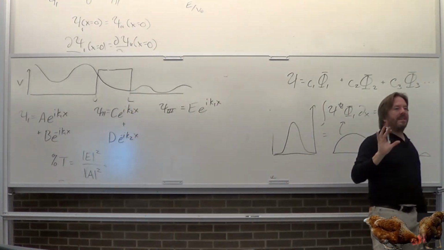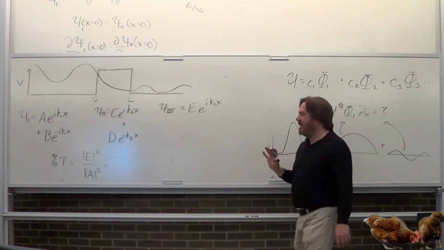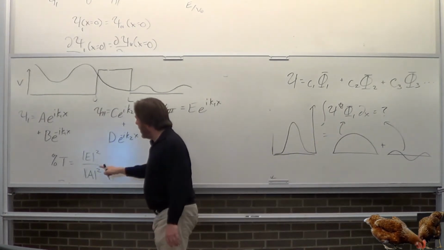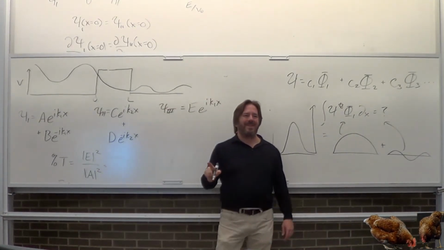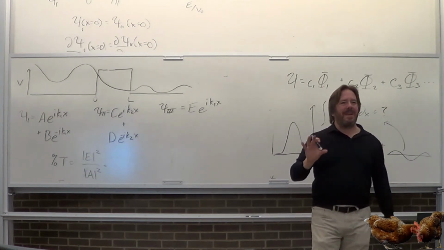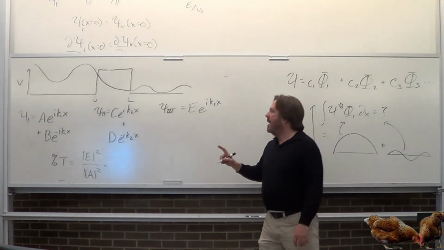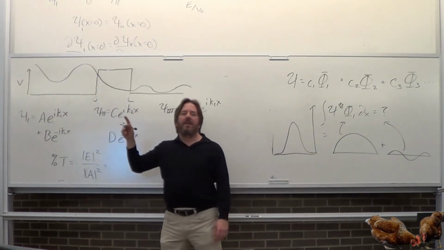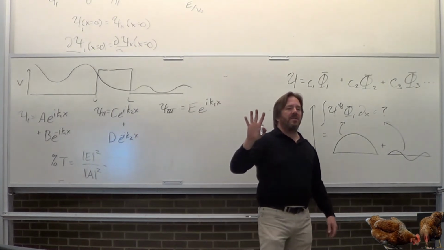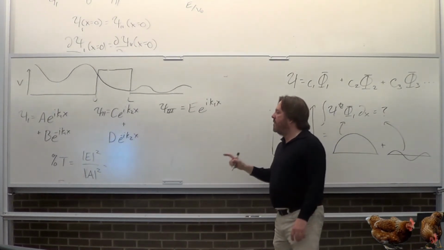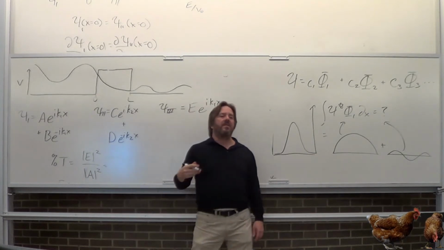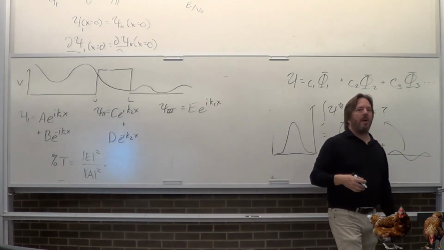It's not directly solvable. But notice that the only thing I could ever care about is a ratio of 2 unknowns. So what you can do is set up these 4 equations, again, smooth and continuous, 2 barriers, two places, so that's 4 equations. You can solve them for E over A. That's how you do the problem.